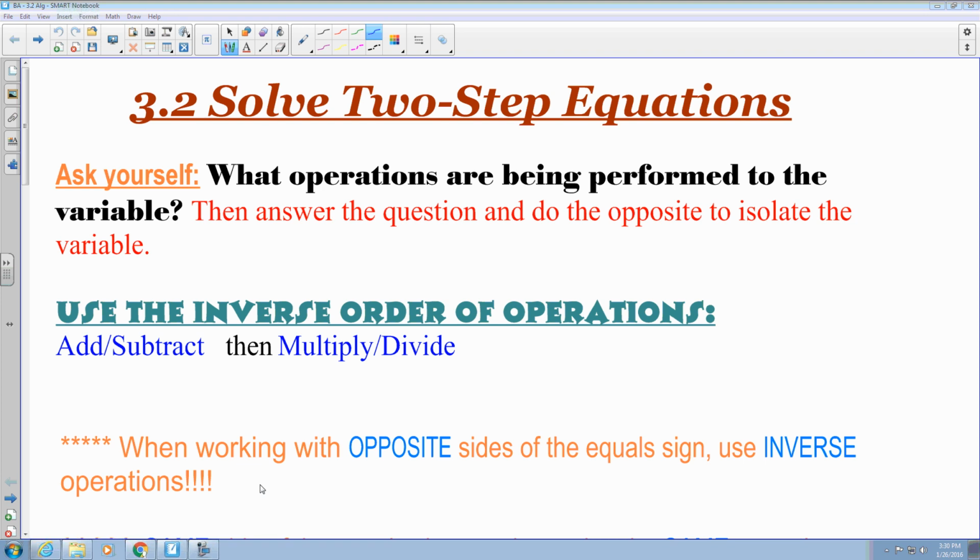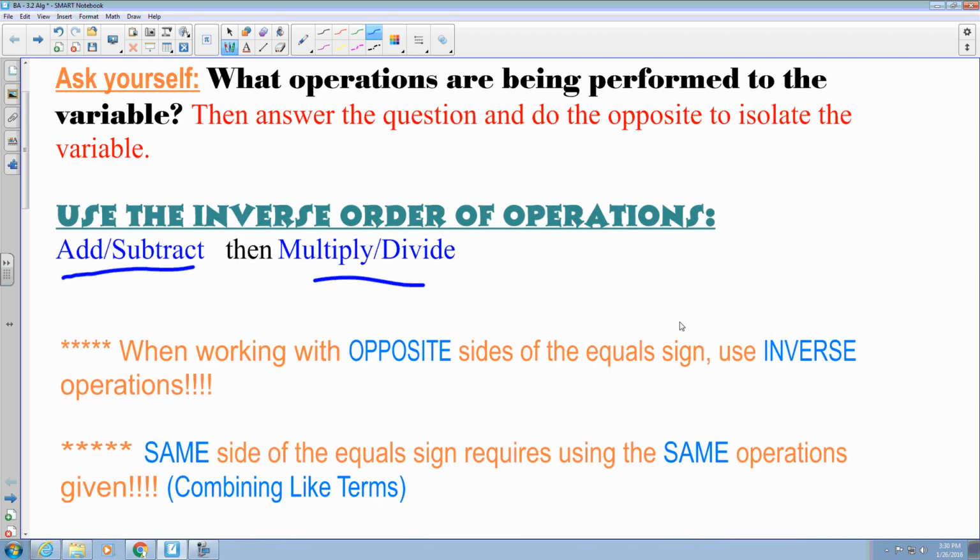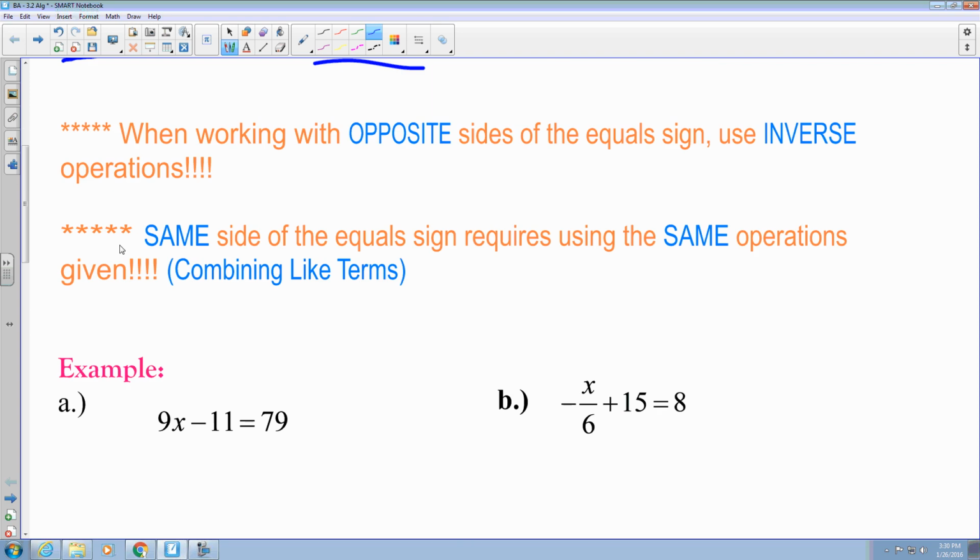Anytime you have two-step equations, the first thing you have to identify is whether you have to add or subtract on both sides, and then once you've done that, you're going to see if we're going to multiply or divide. So just like always, when you're working with opposite sides of equal signs, you're going to use inverse operations.